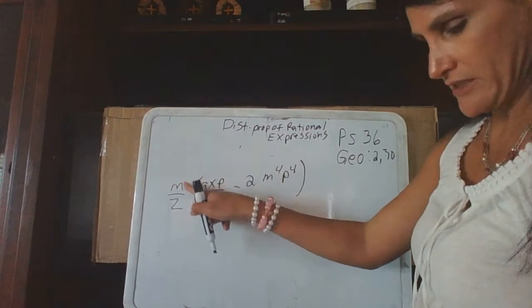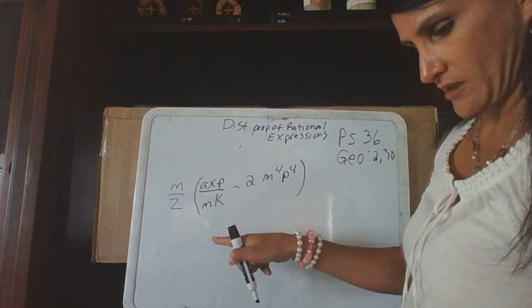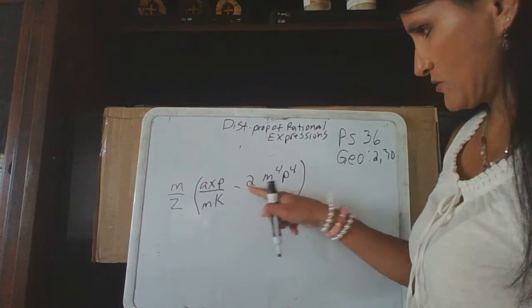Let me make sure I copied that right: mz, and then I have axp over mk minus 2m4p to the fourth.